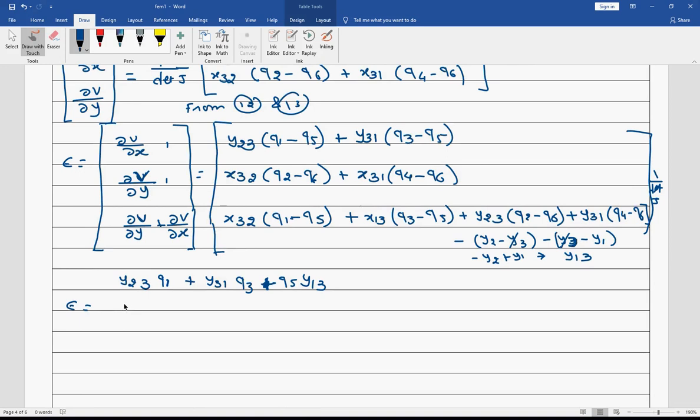Okay, now this is x32 q2 plus x31 q4, and now I have x32 and x31. Okay, so 3 will get cancelled and 1 minus 2 I will get it. So no, this is 1 minus 2, y12.